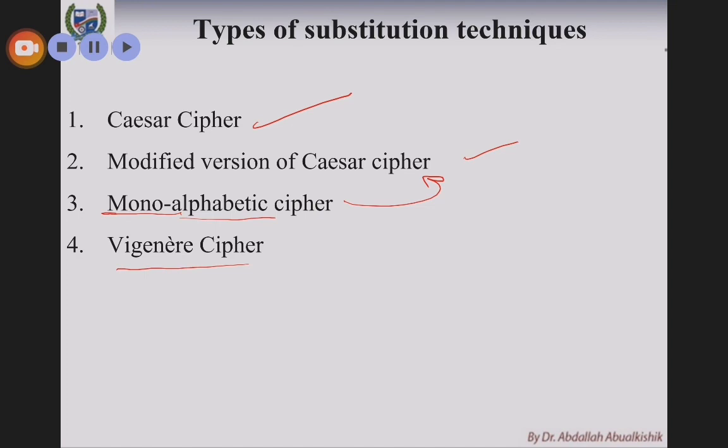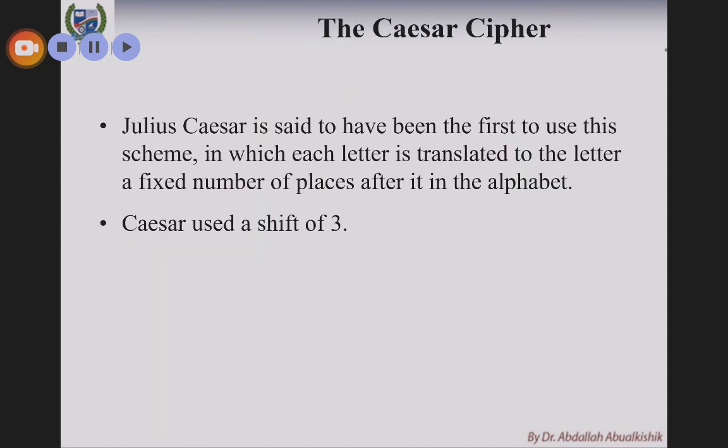It is also one of the old algorithms that was used by military sectors to send messages to their army in different places. So this message should be unreadable for the enemy.